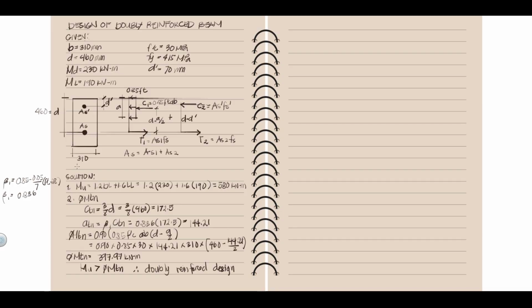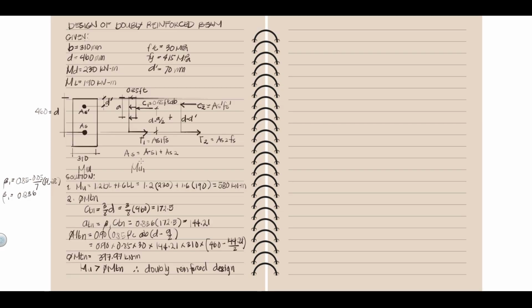So, itong whole na figure natin na to, yung cross-section natin, this doubly reinforced beam will resist our MU. Okay, gets? And then, of course, this diagram will resist our MU1. So, ano yung MU1?